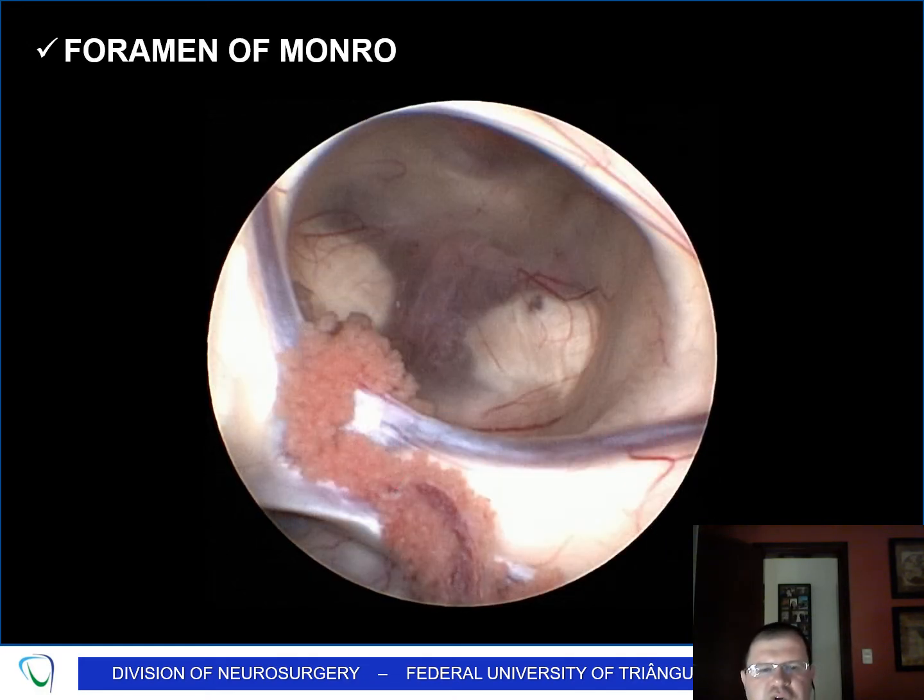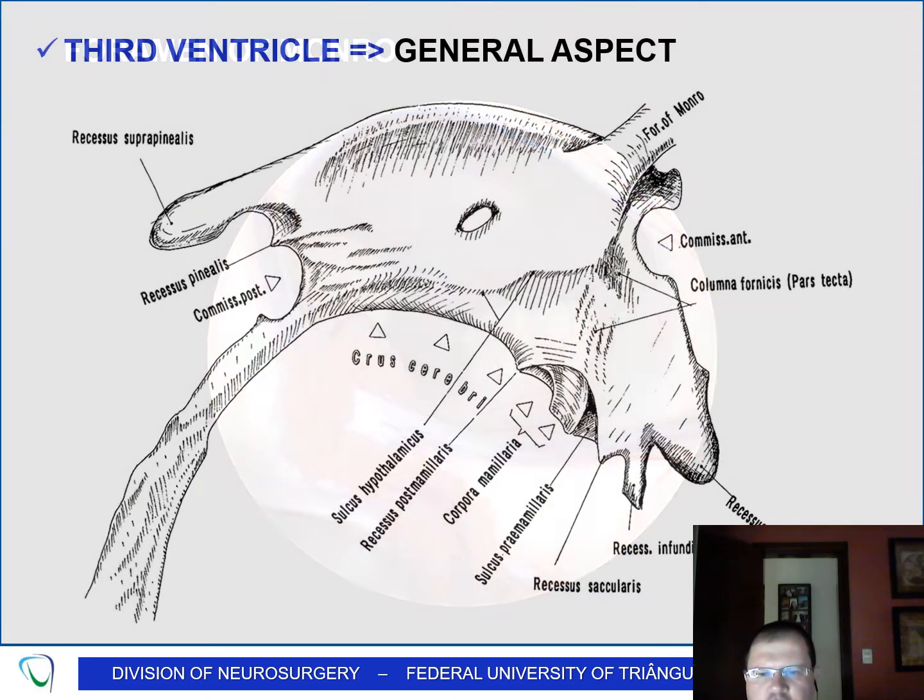Through the foramen of Monro, we can see the floor of the third ventricle. It's a very, very important region because most endoscopic procedures are performed at the anterior region of the floor of the third ventricle. It's very important to know its main regions.